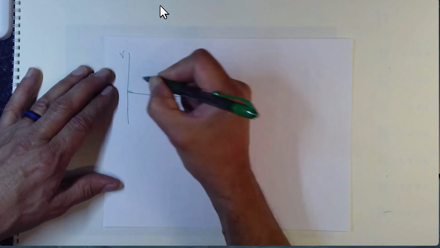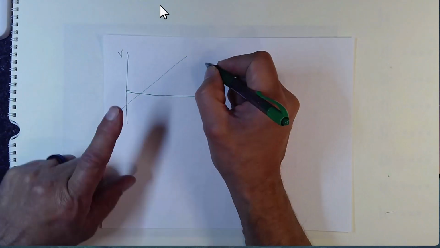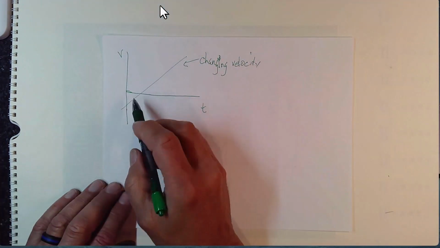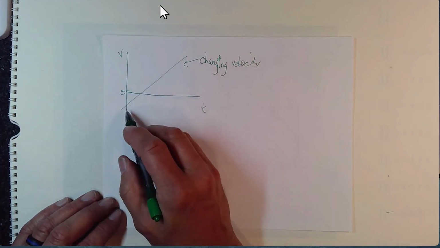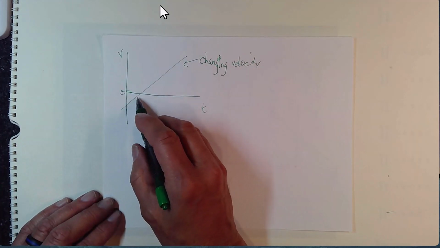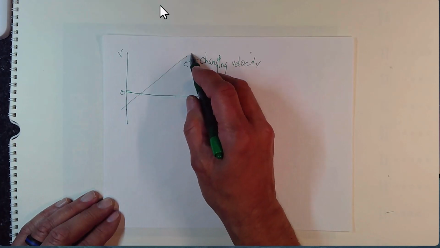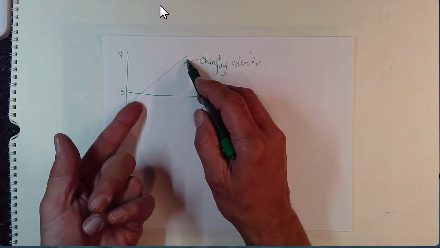And imagine that we had a changing velocity. This would be something that at time 0 actually looks like a negative velocity, at least if this is the origin, and then it becomes positive, and it gets more and more positive as time goes by. The velocity is increasing.